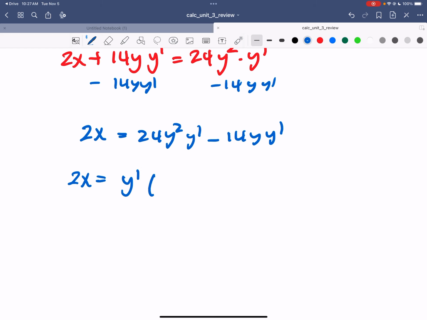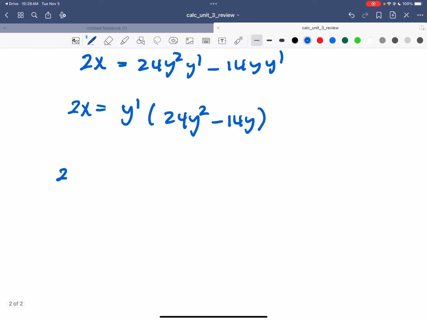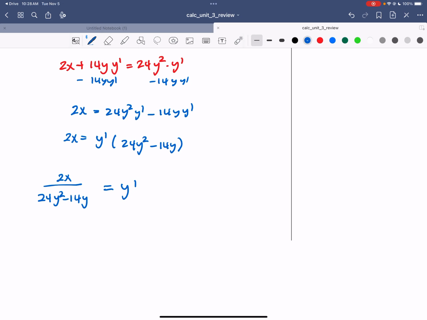Let me factor out y prime. So I will have 24y squared minus 14y. So you will have 2x over 24y squared minus 14y is equal to y prime. So that's going to be our slope.